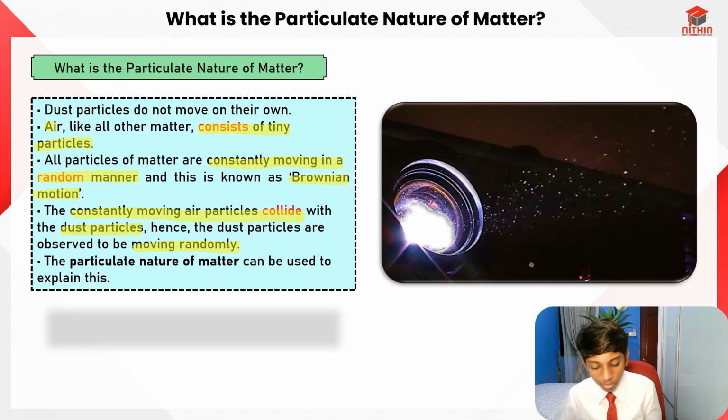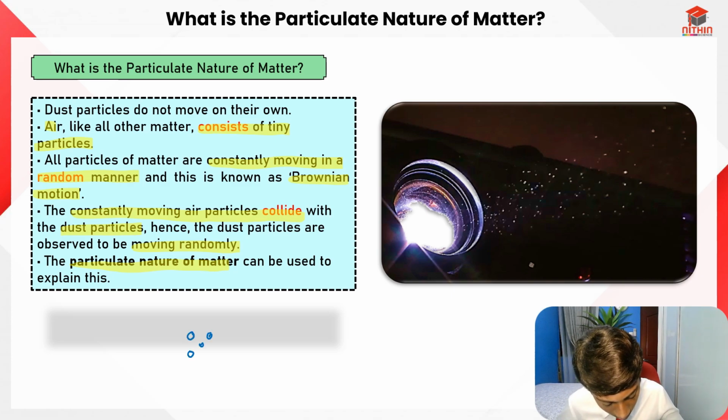So the particulate nature of matter can be used to explain this. Let's just have a quick look. Imagine these are the air particles. We have a lot of air particles here, and we also have dust particles.